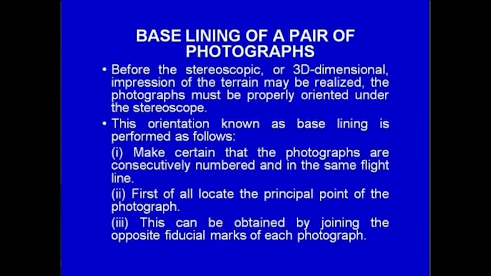This orientation, known as baselining, is performed as below. 1. Make certain that the photographs are consecutively numbered and in the same flight line. First of all, locate the principal point of the photograph. This can be obtained by joining the opposite fiducial marks of each photograph.